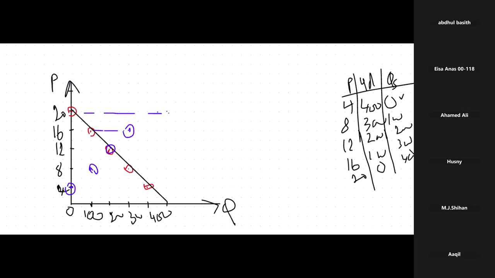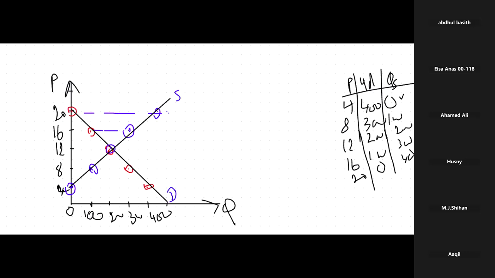Okay. So we have to link these points and the supply curve is coming. Right. So you name this as supply. This is supply and this is demand. Okay.